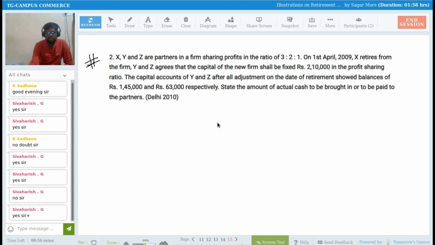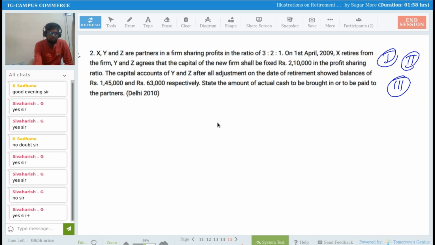X, Y, Z are the partners in the firm. First of all, tell me which case it is. First, second, or third? Third one? Sadhana says it's the third one. Okay, we'll check. X, Y, Z share the profits and losses in the ratio of 3:2:1.